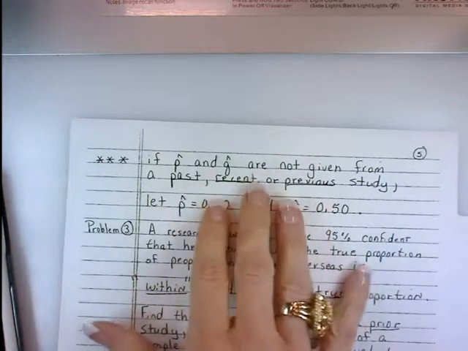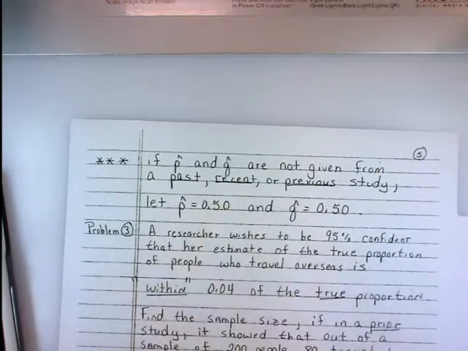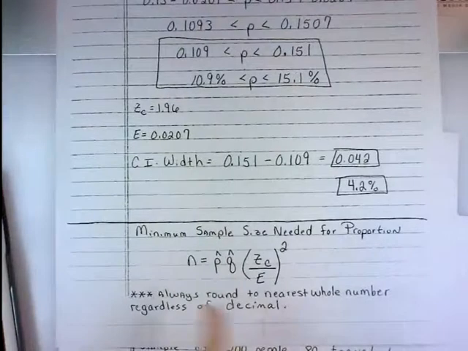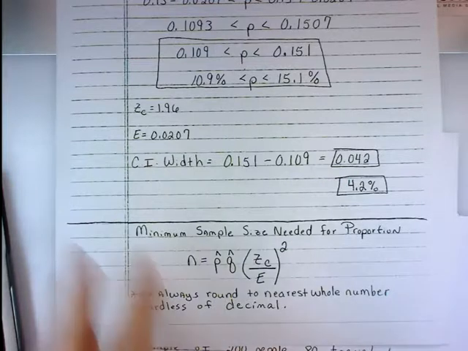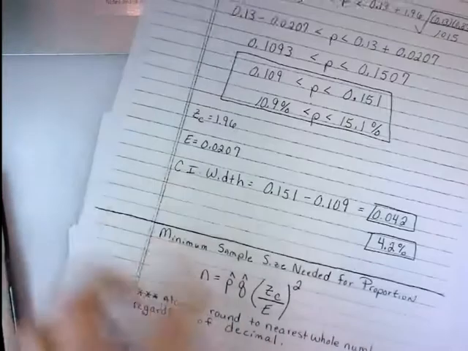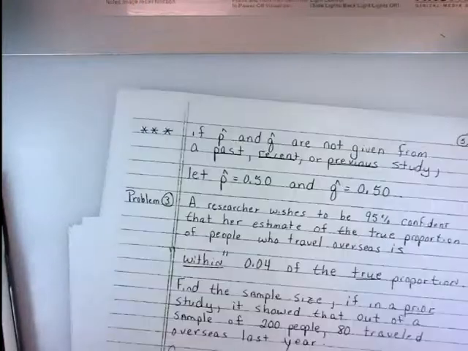This is going to be very, very important with those problems dealing with the sample size formula that I just spoke about. With these sample size questions, p-hat and q-hat are given from a past study, a previous study, a recent study. And if they don't give you p-hat and q-hat from a past study, a recent study, previous study, let both of these be 0.5. And it's the textbook that says that, not me.